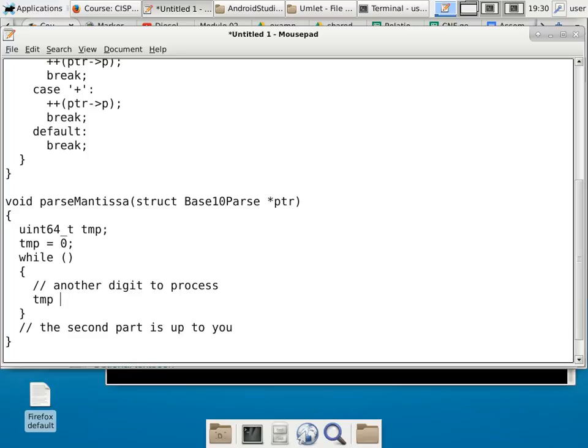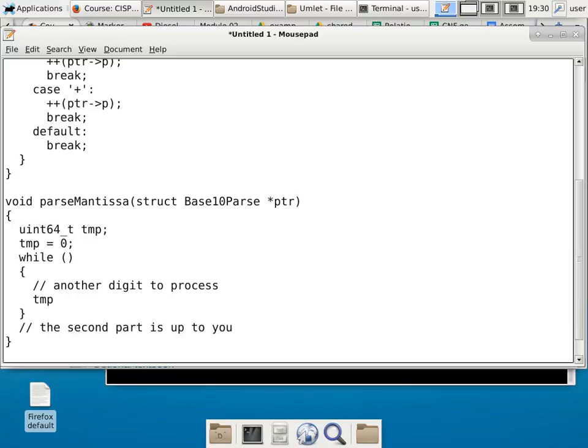I look at the value of the digit that I'm seeing, which is 2. I add that 2 to 40. Now I end up with 42. And then I move the pointer to point to the 7, the digit 7 in ASCII code. Then I multiply 42 by 10, which is 420. Then I add the value of the digit that I'm seeing, which is 7. So now I end up with 427.